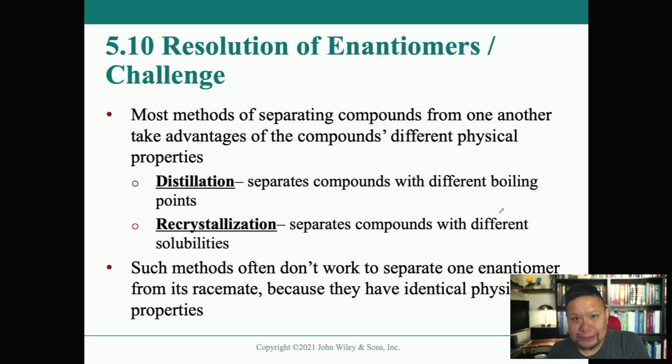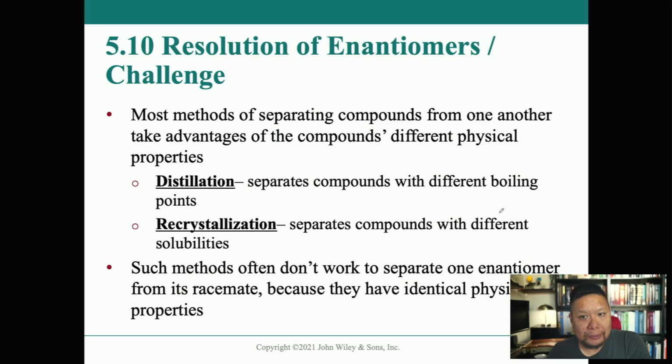You can also do recrystallization, right? And that's based on different solubilities. So those are all physical properties of molecules. And we depend on those physical properties to be able to separate our products from any waste and other stuff that we don't want in a reaction.